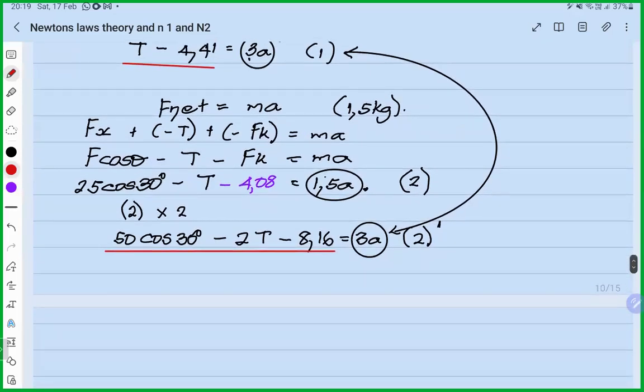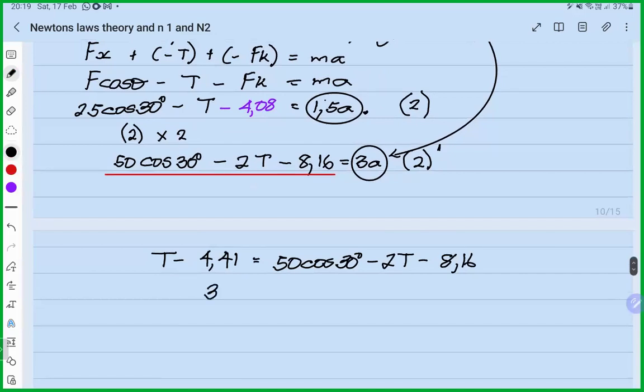So t minus 4.41 is equal to 50 cos 30. Note, I didn't put decimals for that. Minus 2t minus 8.16. I'm just going to take the 2t across. I'm going to make that 3t is equal to 50 cos 30 minus 8.16.